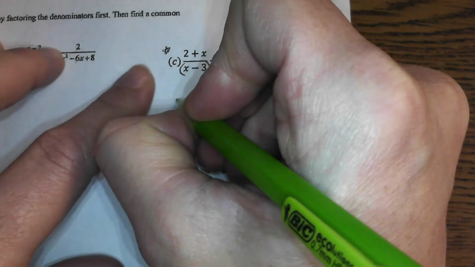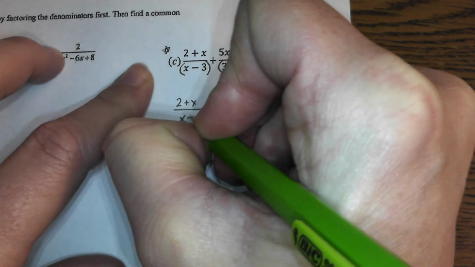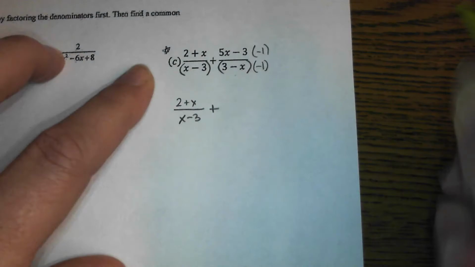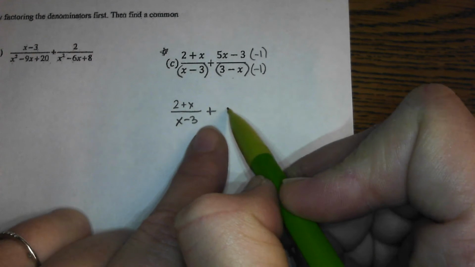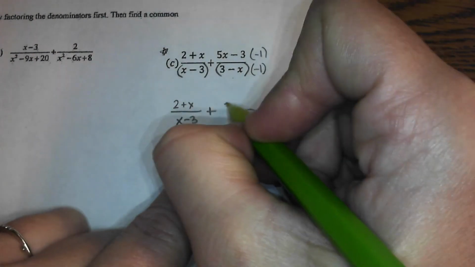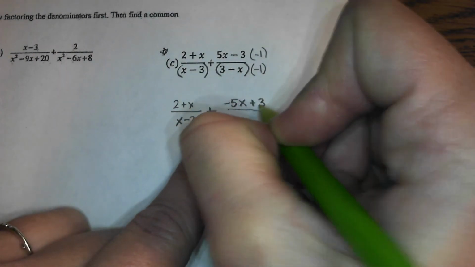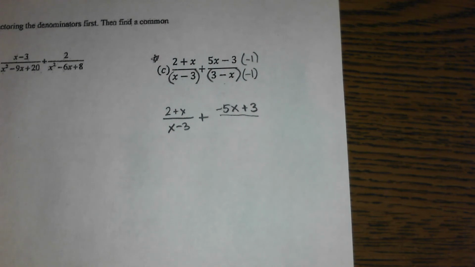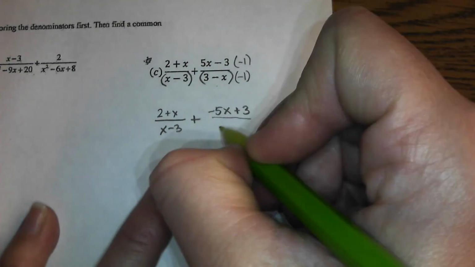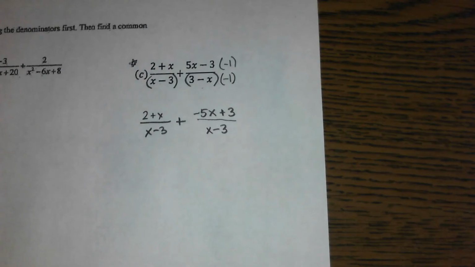So first fraction, not touching it. In the second fraction, when I multiply my numerator by negative 1, I get a negative 5x plus a 3. And when I multiply my denominator by negative 1, it just really flips the order of subtraction. So rather than 3 minus x, it's now x minus 3.